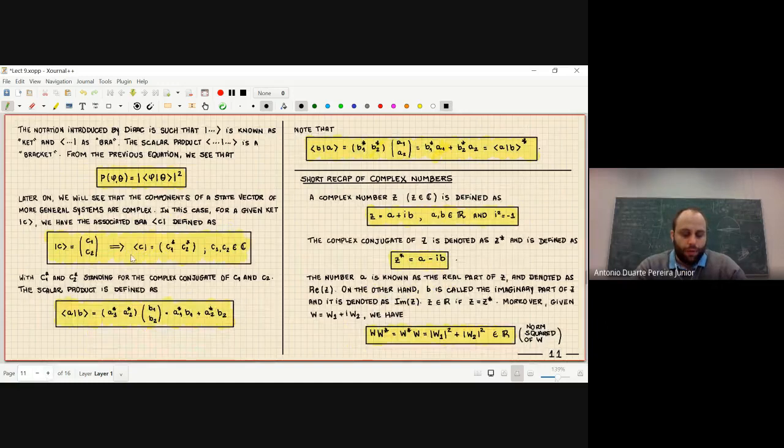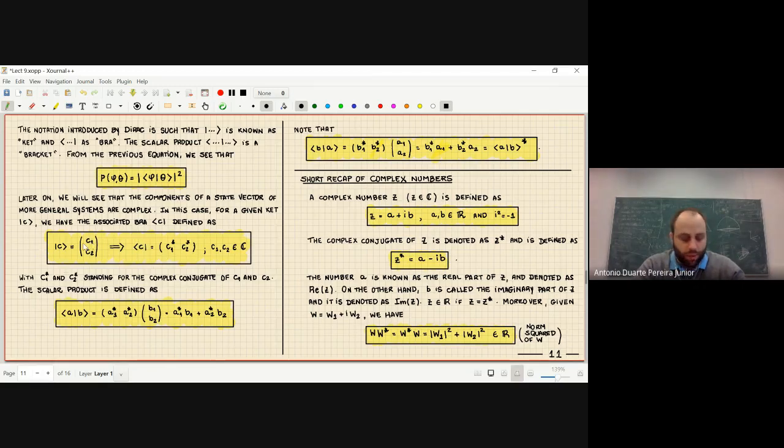So if you want to compute the bra associated with this ket, you have to transpose the vector. So you're going to turn this into a row vector, but then you have to take the complex conjugate of each entry, okay? So C1 will be mapped to C1 star, and C2 will be mapped to C2 star. So this is the bra associated with this ket.